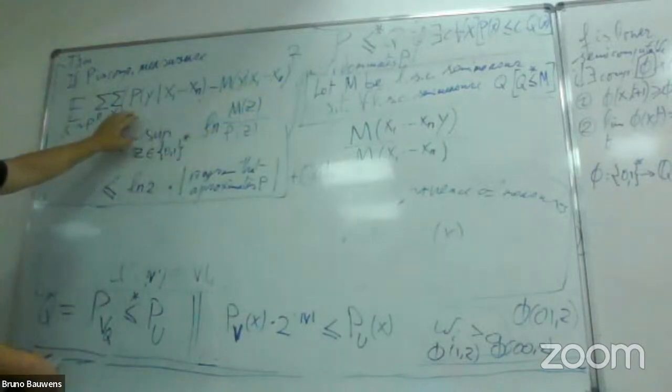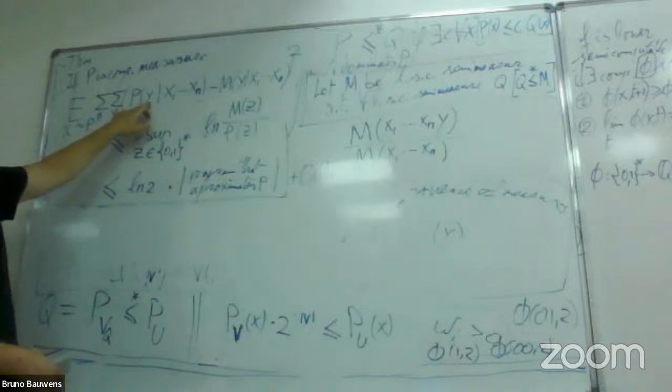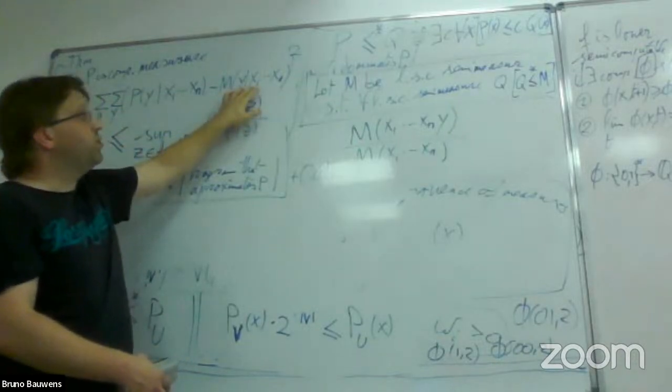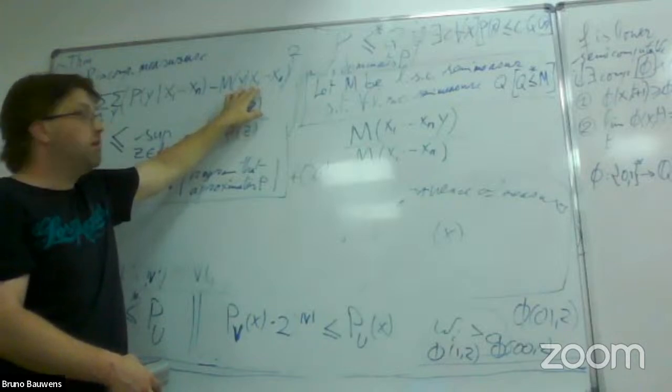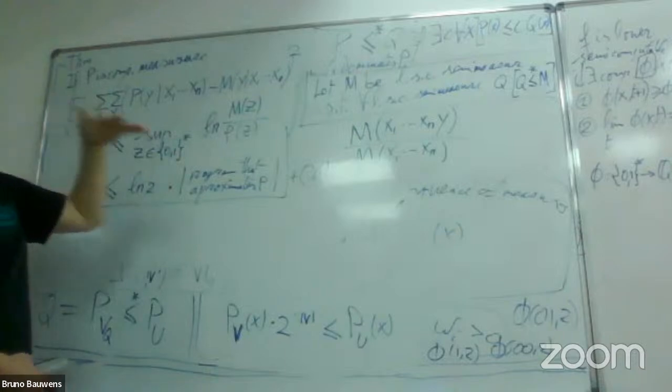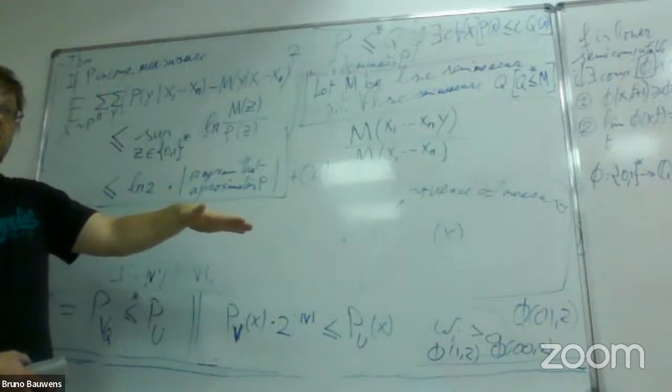So we can set y equal to 1, and in the correct model, this will always be 0. So the sum of the squares of the probability to predict 1 will converge to 0. That's what we're saying.